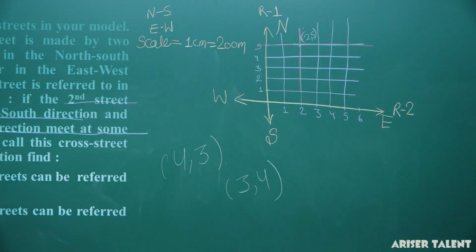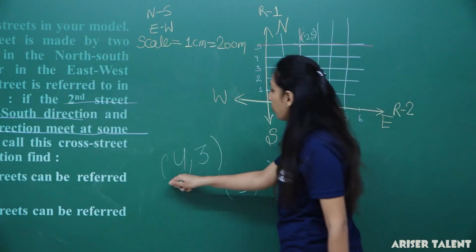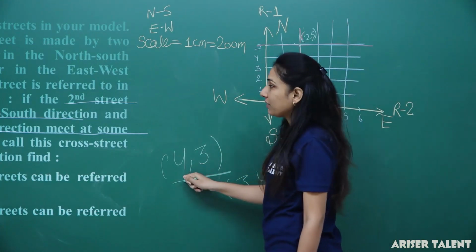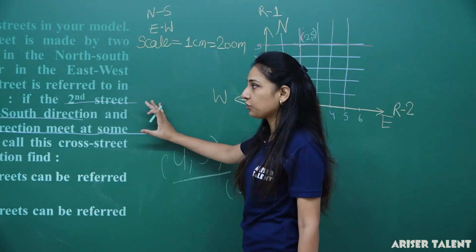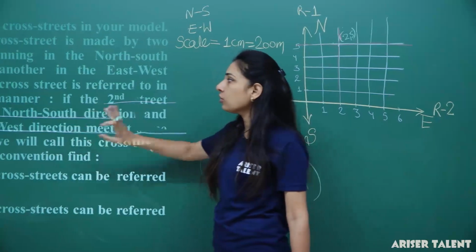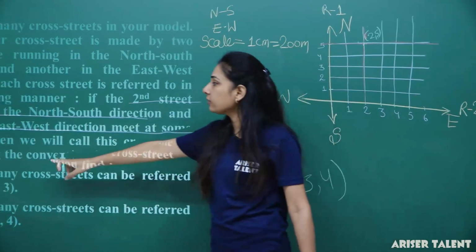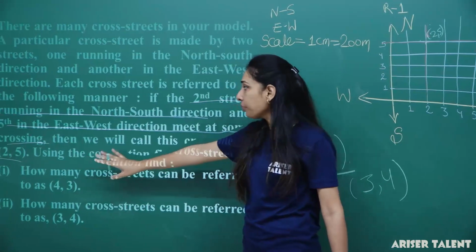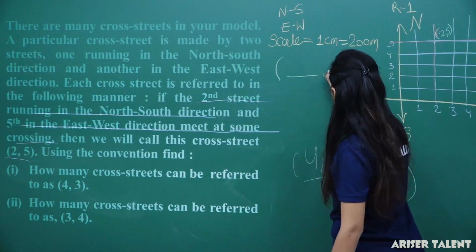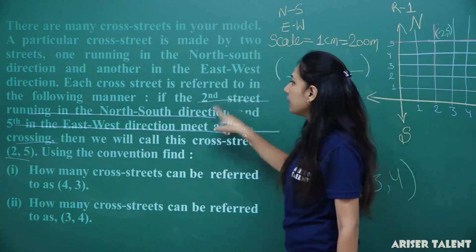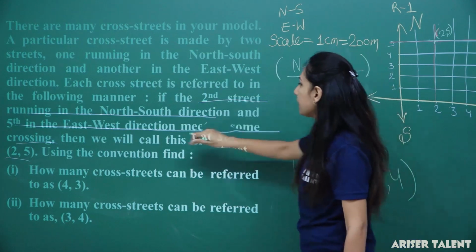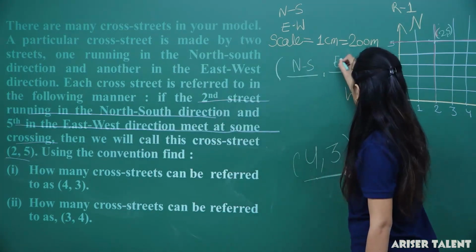What is 4, 3 here? This question is referring that you have to write first the north-south direction, then a comma, and the second will be the east-west direction.